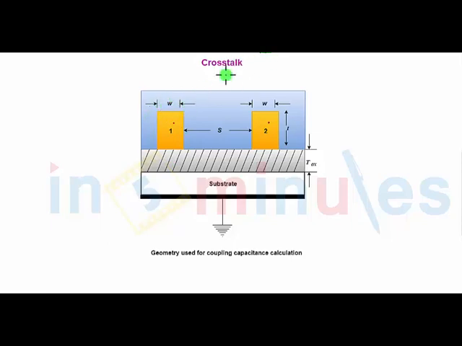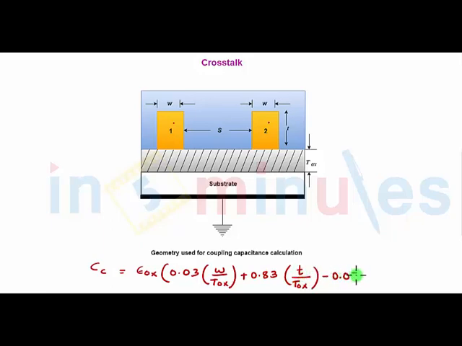The reason why we are seeing this geometry is this is going to be very important for us when we understand interconnect scaling. And right now, you have to just remember the coupling capacitance value is given by epsilon 0.03 width of my interconnect upon the thickness oxide plus 0.83 into thickness of my interconnect upon thickness of my oxide minus 0.07 into thickness of my interconnect upon thickness of my oxide.